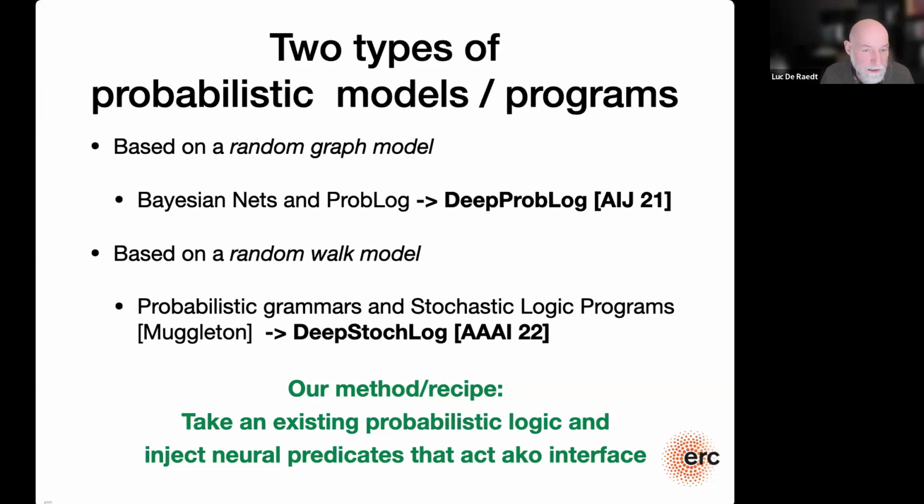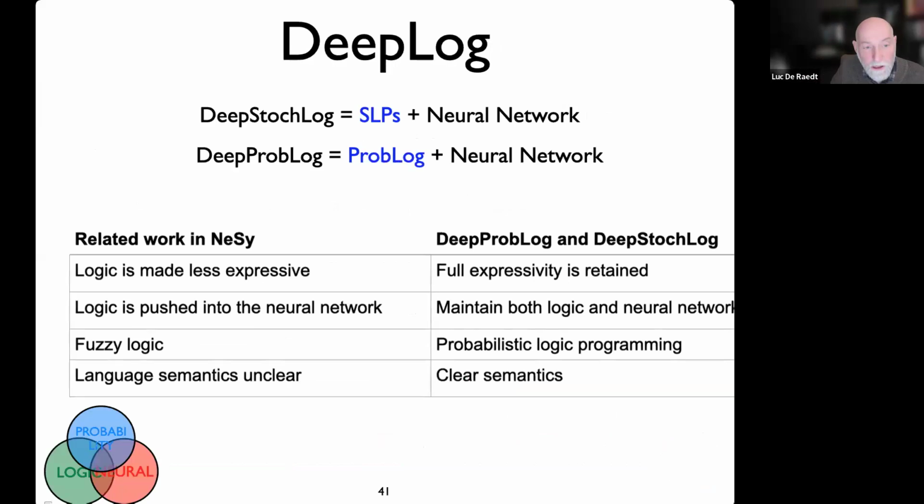model results in probabilistic grammars. And that's the notion of stochastic logic programs rather than probabilistic logic programs that you can get. And so in both systems, what you do is you take these logic programs, the stochastic or the probabilistic, and you inject the neural networks.